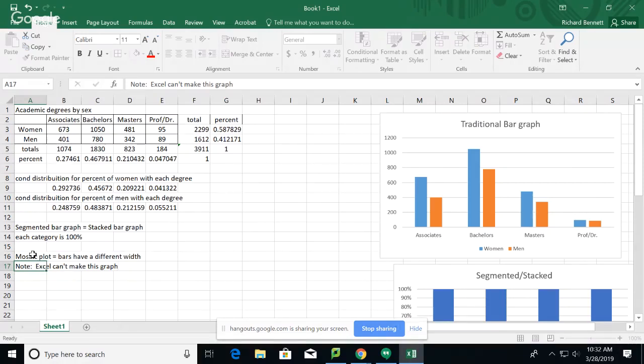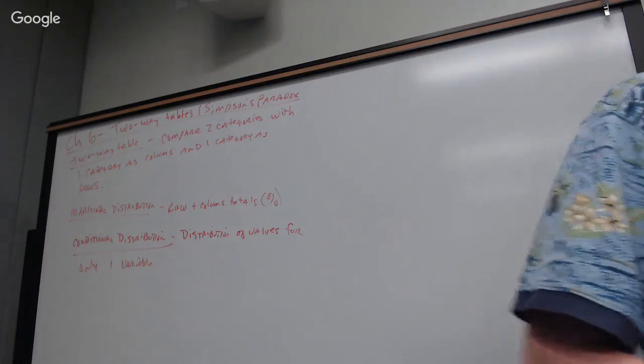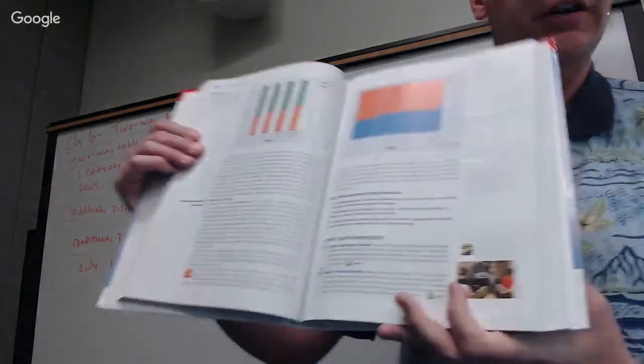So in your book, look on page 169. In fact, maybe I will stop sharing for a moment. I'll put this up to the camera so you can see it. This is a true mosaic graph here.